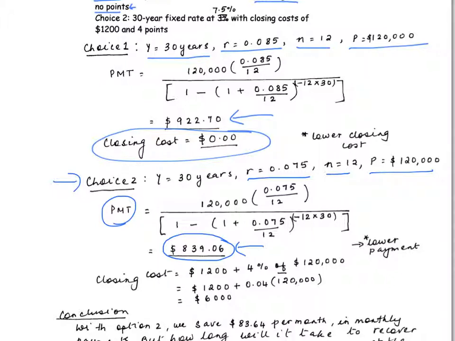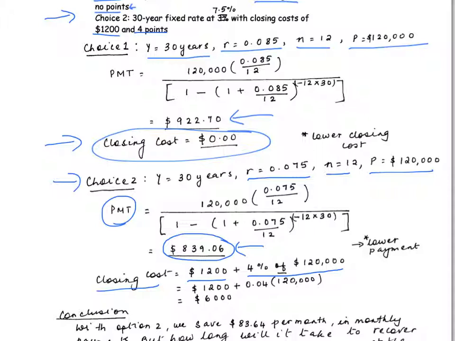So the closing cost for the first option was $0. Now for the second option, the closing cost is $1,200 and 4 points. What does that 4 points mean? So the closing cost is $1,200 plus an additional amount of 4% of the amount that you borrow.